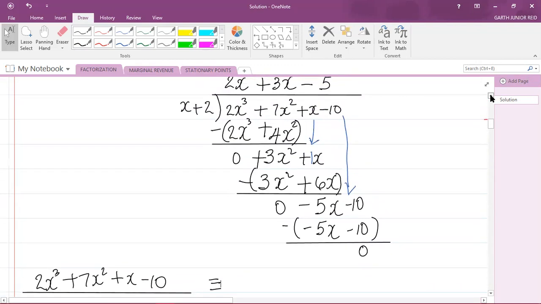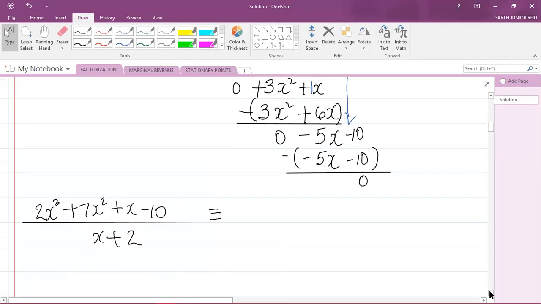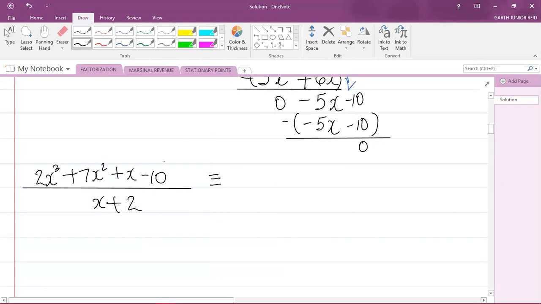The quotient that we obtained is 2x squared plus 3x minus 5, all right? That's our quotient. Plus your remainder, which we know is 0, all right? Plus your remainder divided by your divisor, which is x plus 2, okay?